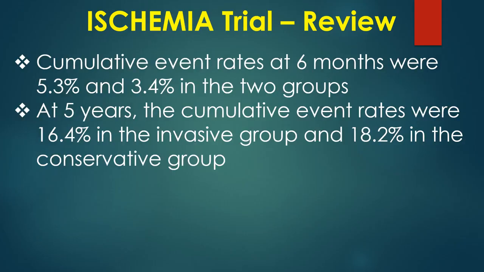Cumulative event rates at 6 months were 5.3% and 3.4% in the two groups. At 5 years, the cumulative event rates were 16.4% in the invasive group and 18.2% in the conservative group.